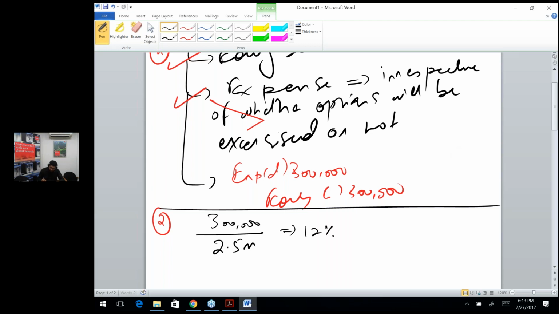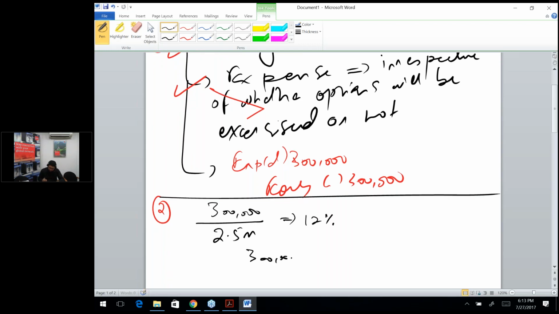Okay, 12%. Similarly, this 300,000 divided by the total assets of 35 million, how much is it? Okay, so it's 0.85%.